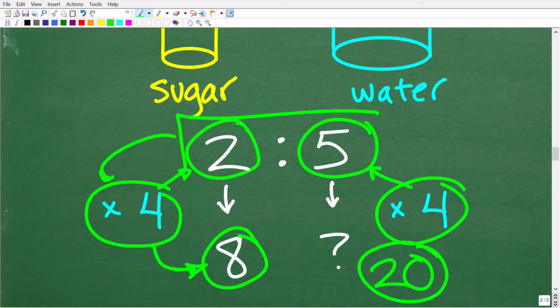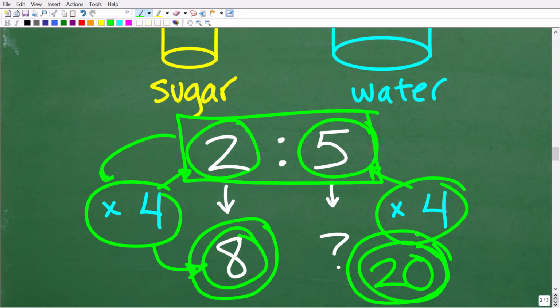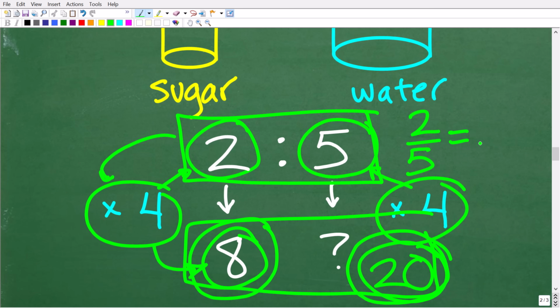So if the ratio is 2 to 5 sugar to water, and you have 8 parts of sugar, you need 20 parts of water to keep the same proportion, because 2/5 or 2 to 5 is equal to the fraction 8 over 20, right? So 4 goes into 8 twice, and 4 goes into 20 five times.